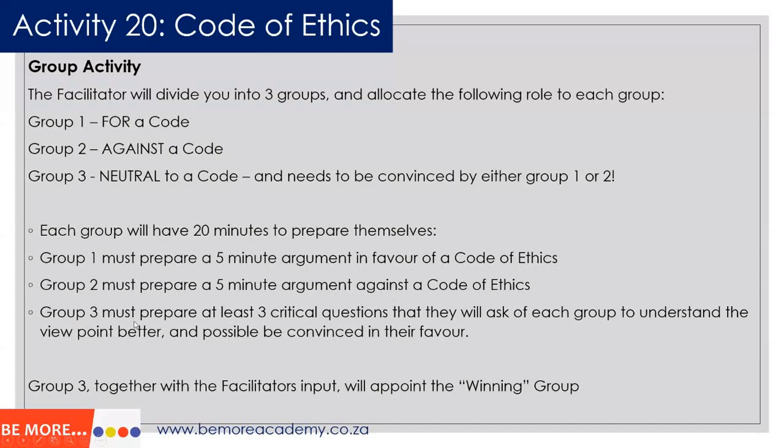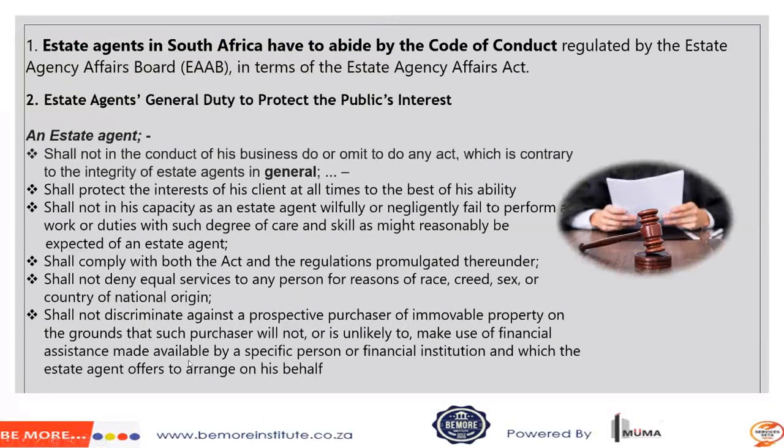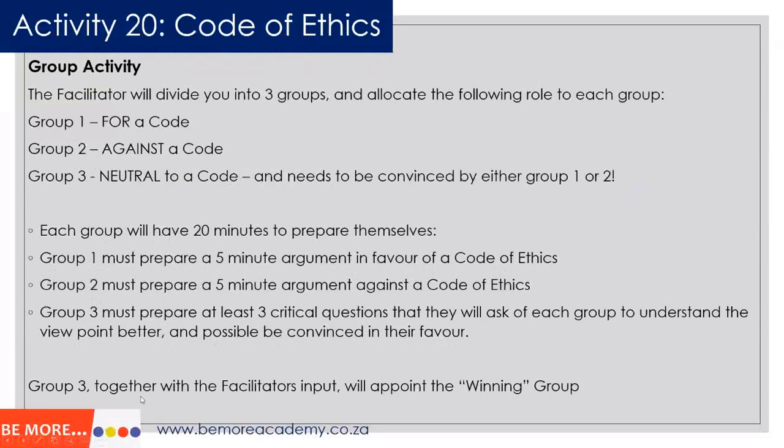And group 3 must prepare at least 3 critical questions that they will ask each person to understand the viewpoint better and possibly to convince in their favor. Group 3, together with the facilitator's input, will appoint the winning group. But that is something that you can then discuss yourselves. Is this clear? Any questions?